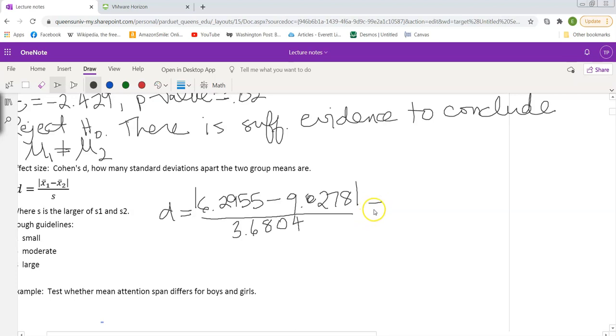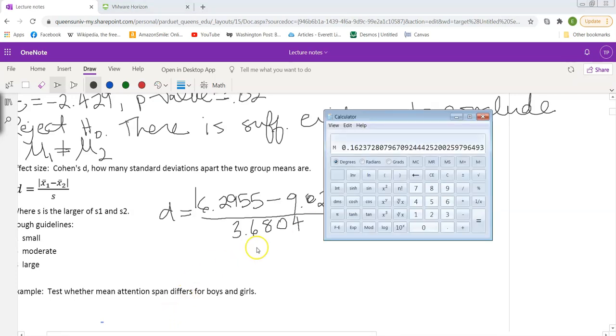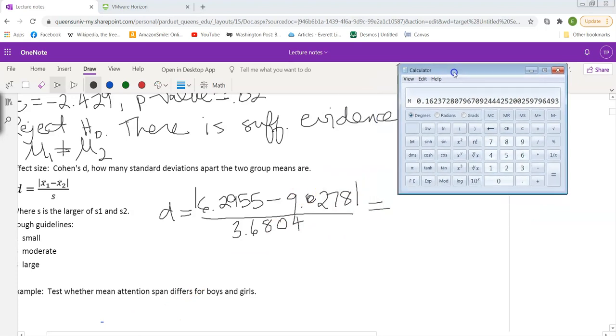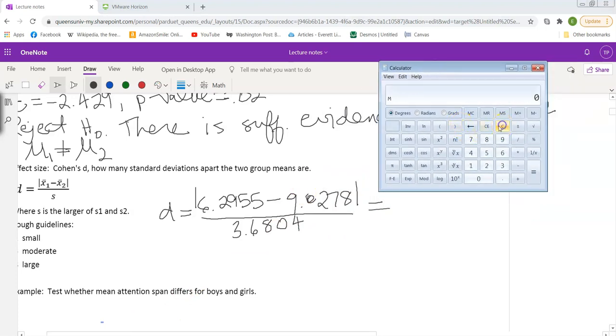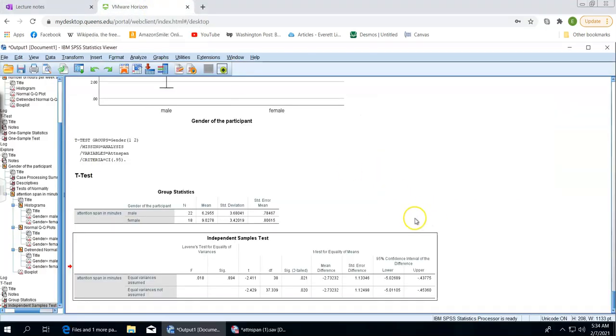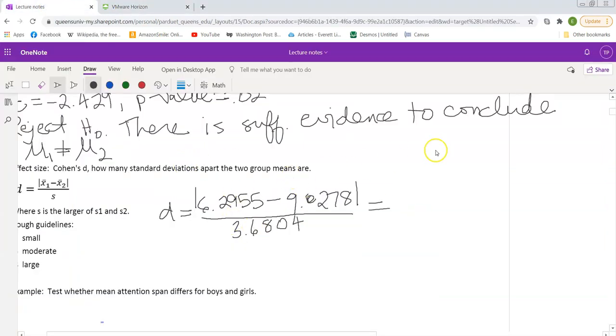I can go overboard sometimes with decimal places, as my college professors can attest. By the way, one shortcut, a minor one, but still a shortcut, is you see here where it says mean difference in the output? That is 6.2955 minus 9.0278. So they're doing that top part for you.